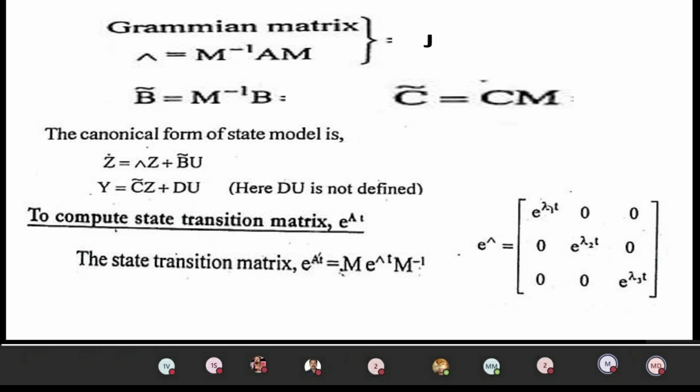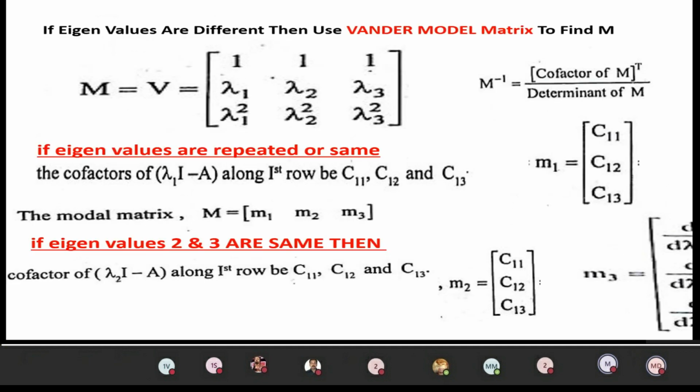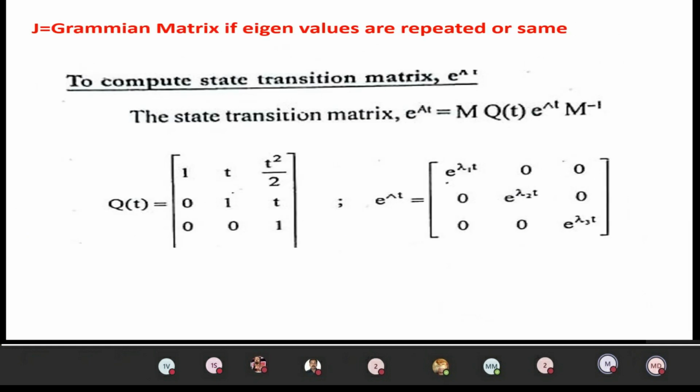Similarly, you will get the equations. These are simple formulas which will be used in determining the observability and controllability.